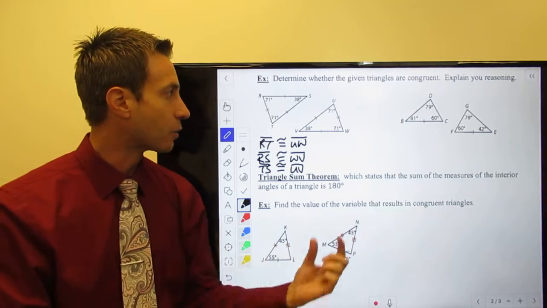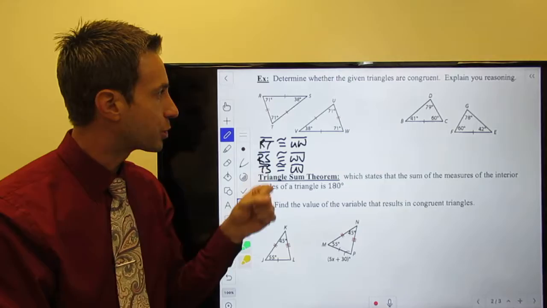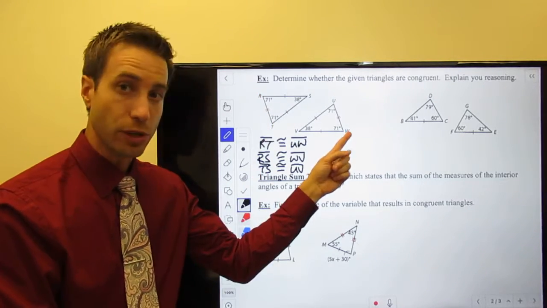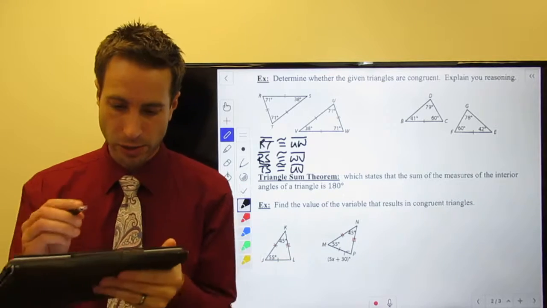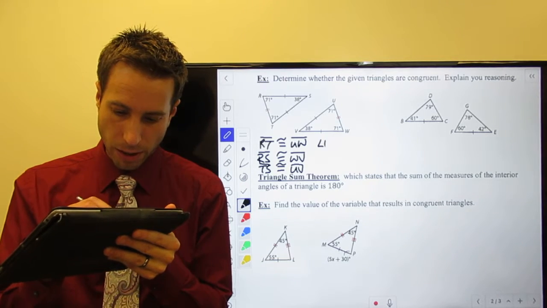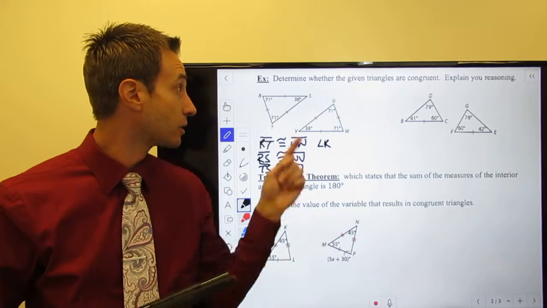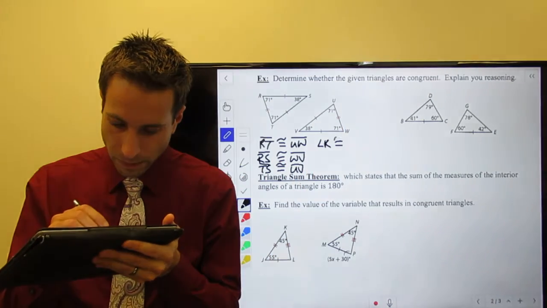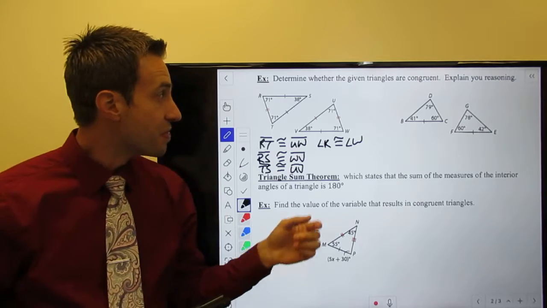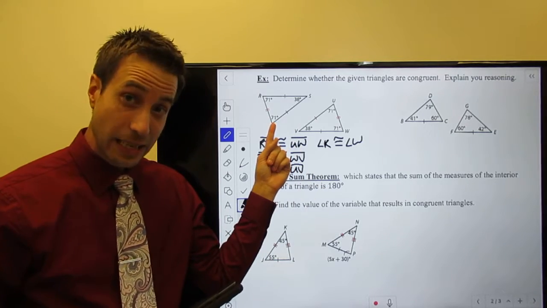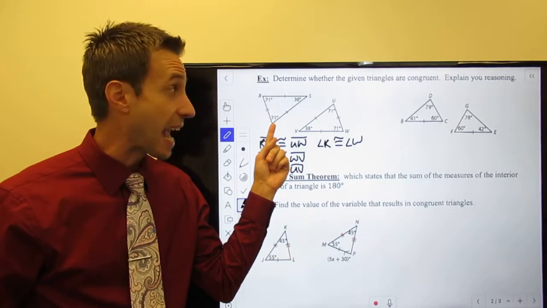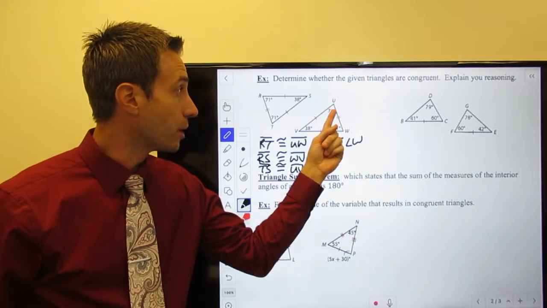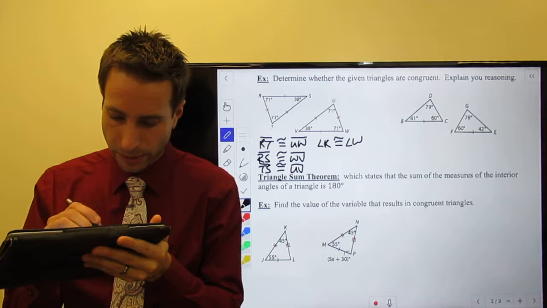But now, what about the angles? If we give this a little spin, R and W are corresponding angles. Is angle R congruent to angle W? 71 and 71, yes, they are. Keep going. Angle T's corresponding angle would be U, 71 and 71, yes, those are congruent.